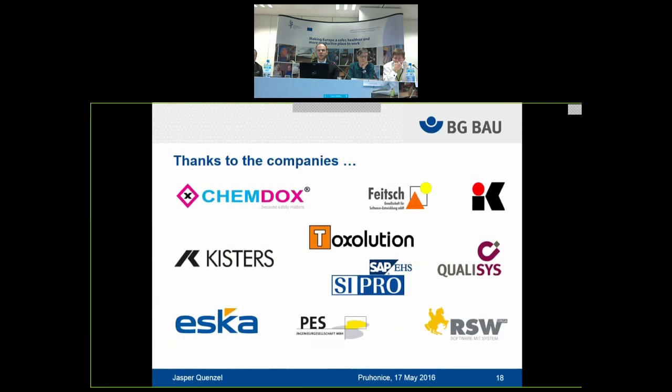These are the 10 companies which have an interface implemented in their software, an export interface, I must say. Not every one of these software solutions has an import interface implemented. I want to especially point out the company PES, Ingenieurgesellschaft, because they didn't get any money for this.